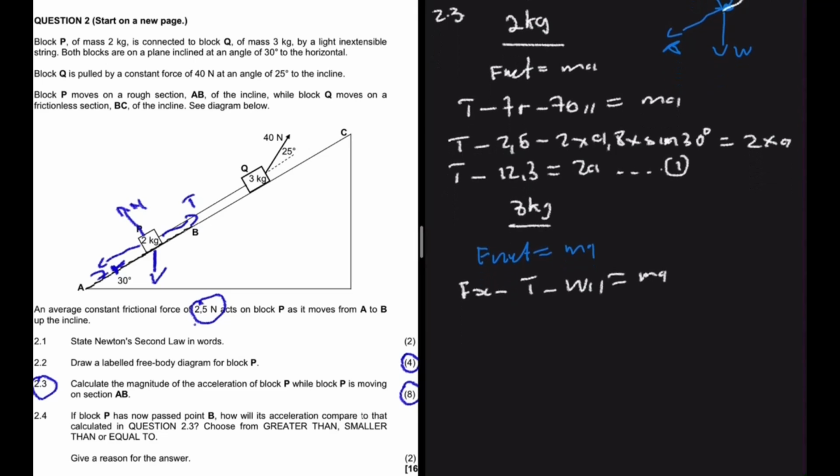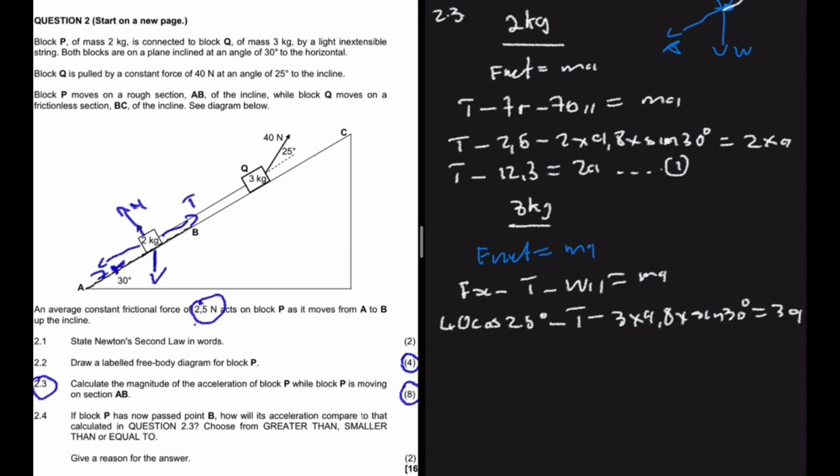So what is Fx? Fx would be 40 cos of 25 degrees, minus the tension, which we do not know. And then weight parallel, which will be 3 multiplied by 9.8 multiplied by sine of 30 degrees, is equal to 3a.